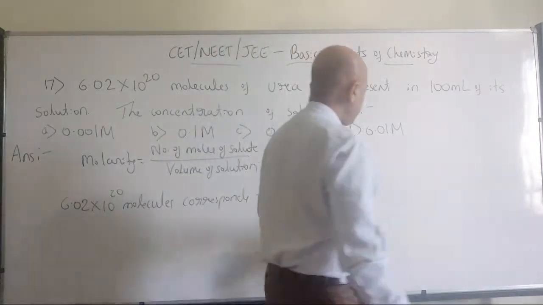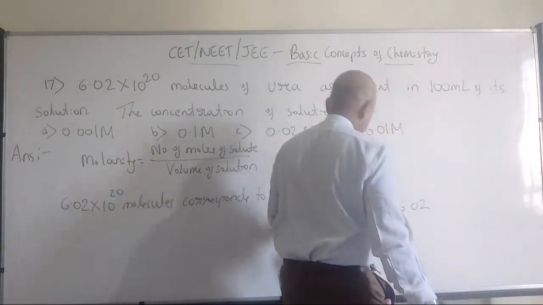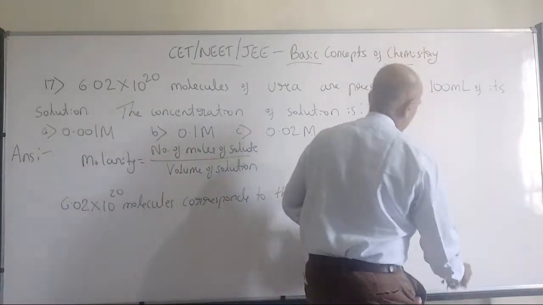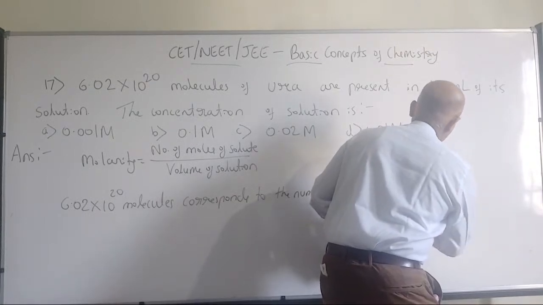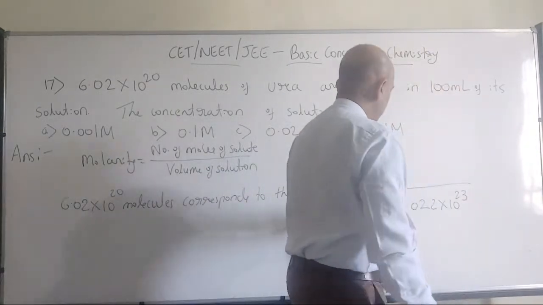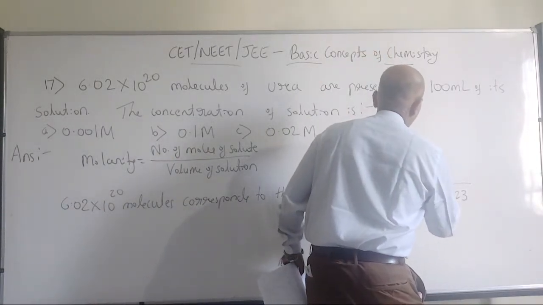Avogadro's number, right? So that's where we have 6.022 into 10 to the power of 23, that is Avogadro's number. So that corresponds to 1 mole.